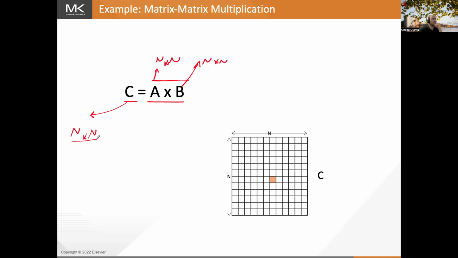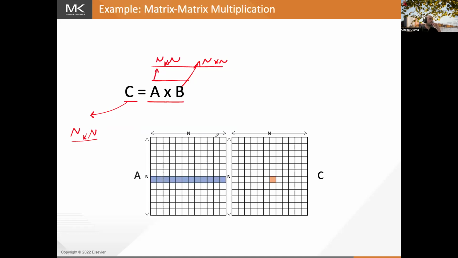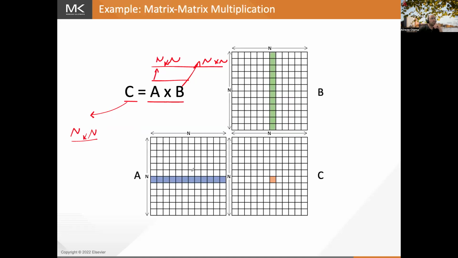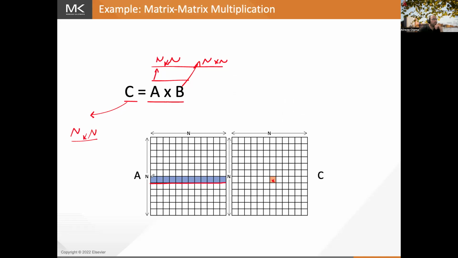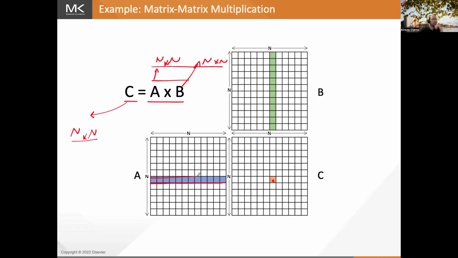So this is a special case of general matrix multiplication. In this case, each element in C can be obtained by the dot product of a row of A and a column of B, right?